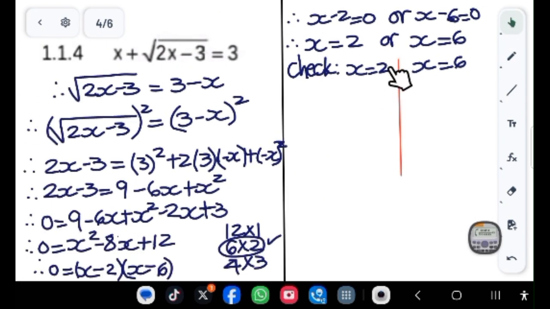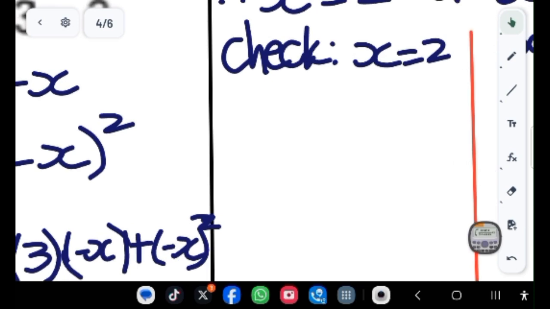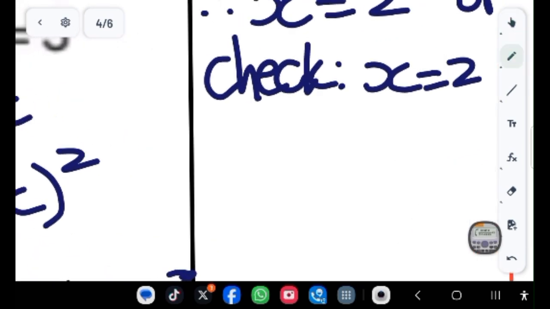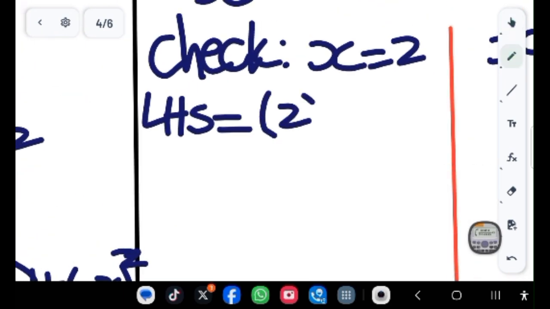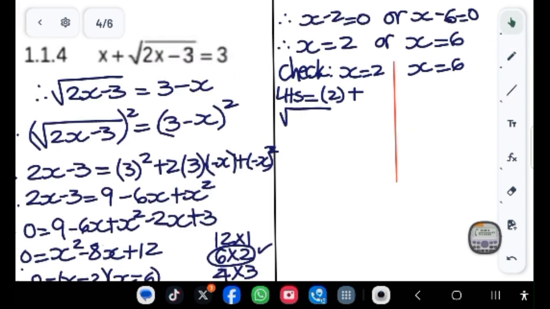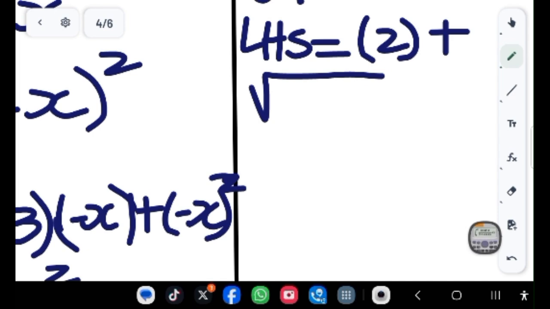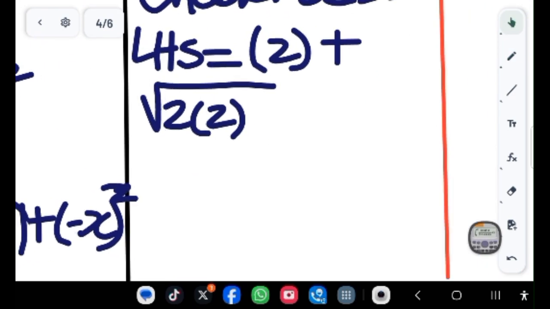How do we check? We take the solution, x equals 2 in this case, and substitute it on the left hand side. Wherever there is x, we put 2, and then check if it is equal to the right hand side. So the left hand side equals 2 plus, notice how I substitute inside brackets, the square root of 2 times 2 minus 3.